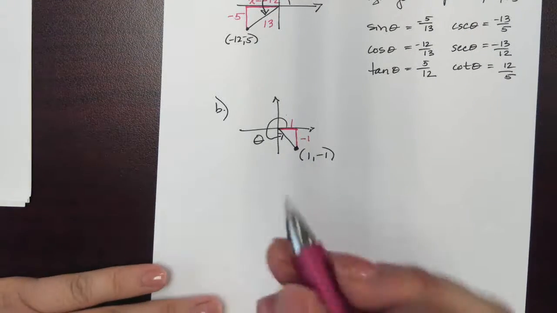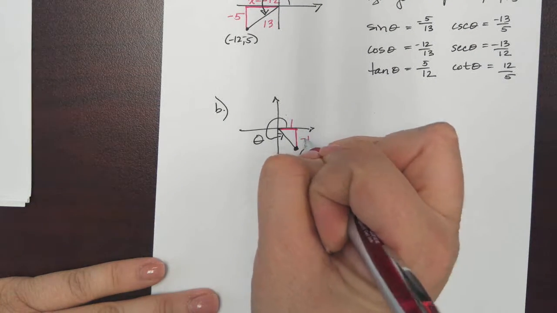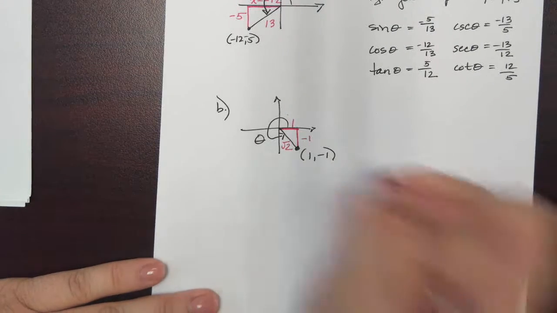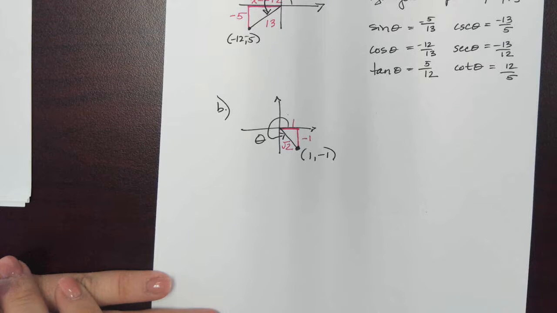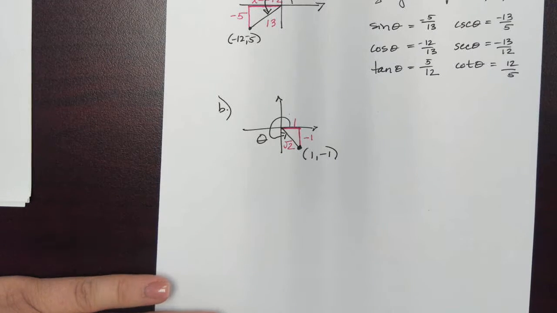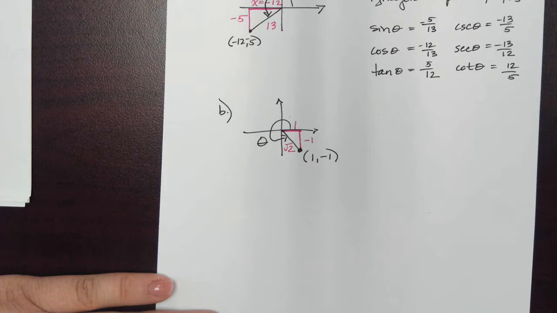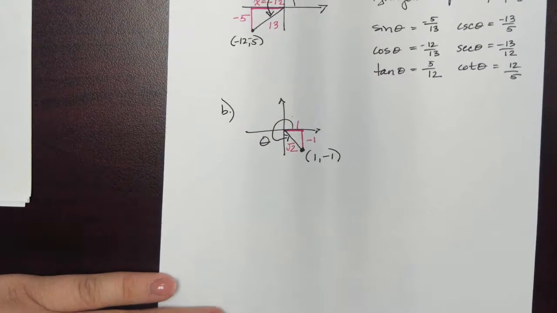Square root 2. Isn't that a special right triangle? So 45, 45, 90. Isn't that on our chart? Yes.